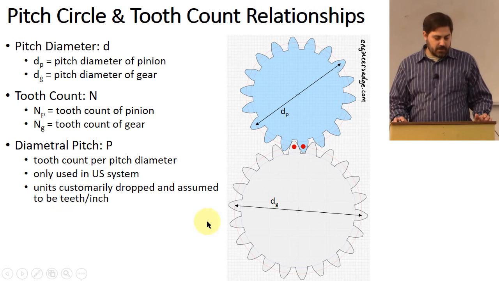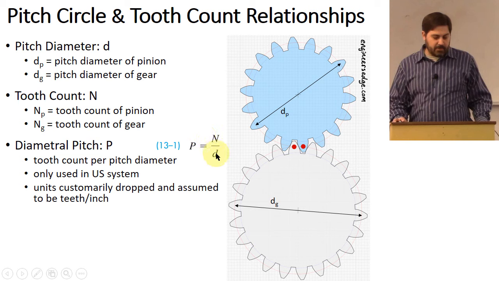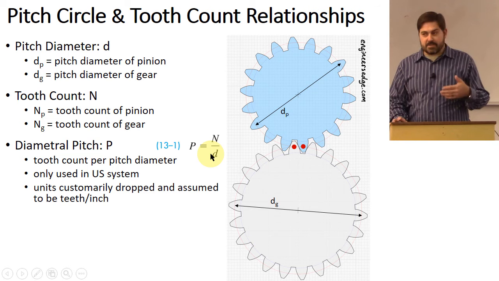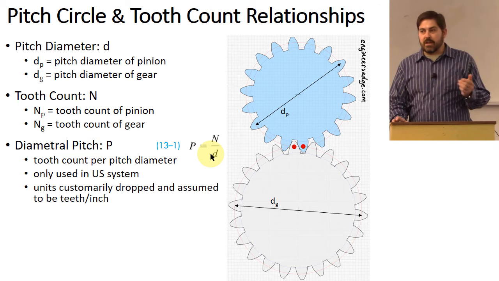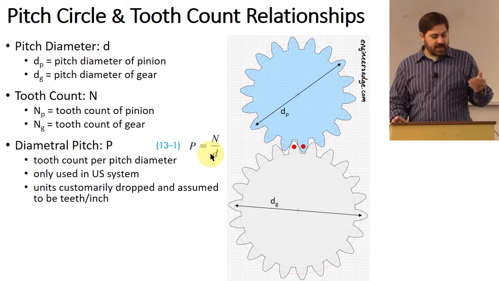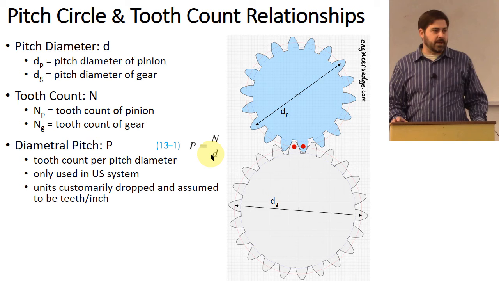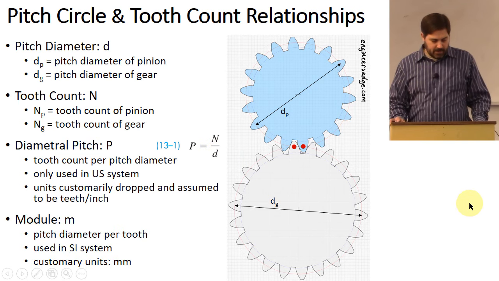So in this equation, the diametral pitch, capital P, you take the number of teeth and divide by the number of inches of diameter. It is customary in this system to just give a number, so you might say the diametral pitch is 10. What you mean by that is 10 teeth per inch of diameter, even though you would drop the unit when talking colloquially about these measurements.